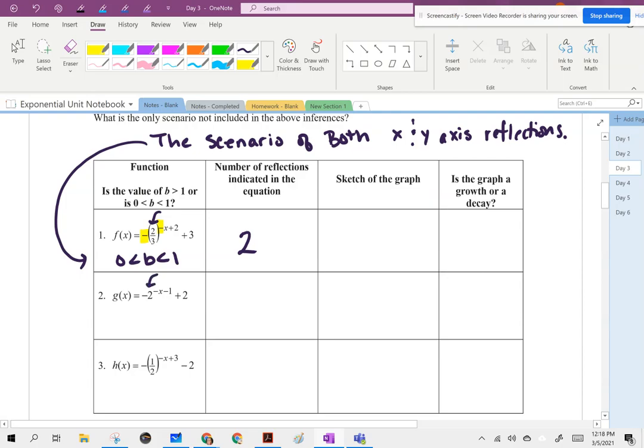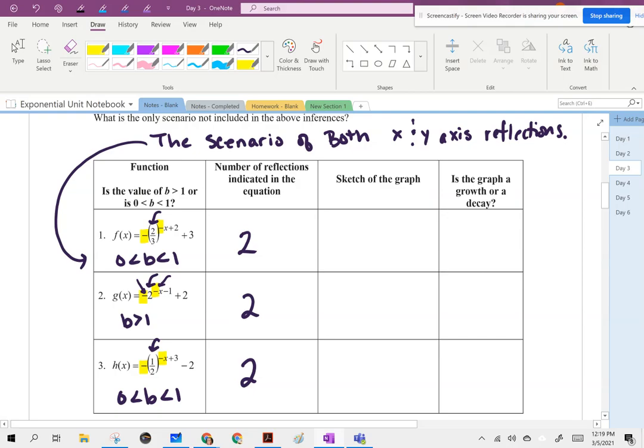Remember, b has to be positive, so the b is greater than 1. This is a reflection here and here, so there's two reflections. Let me highlight these reflections. Again, there are two reflections. Let's take a look at the b value. B is in between 0 and 1.